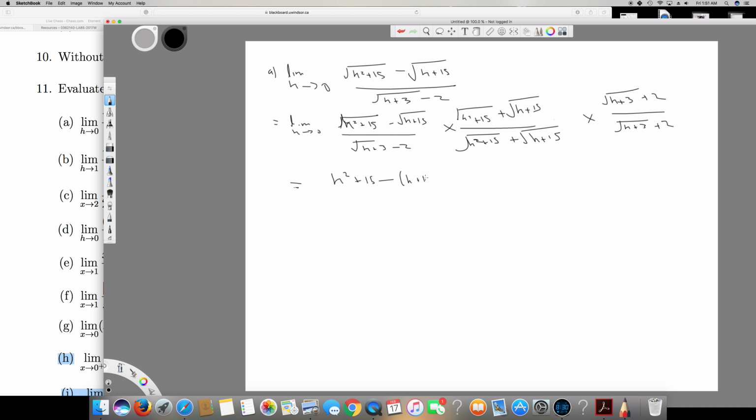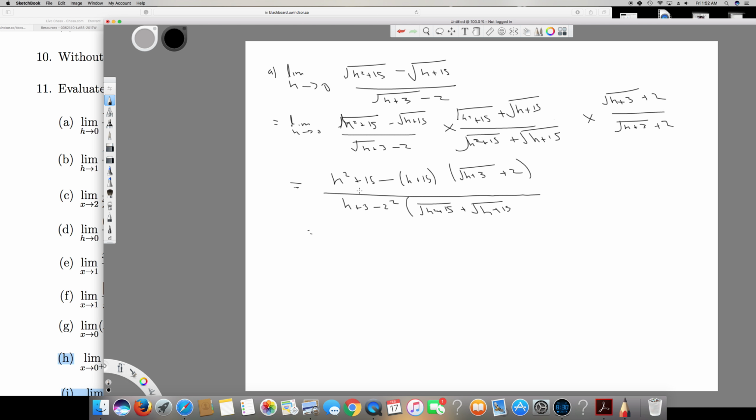It's going to be h plus 15, and we have to multiply the whole thing by square root of h plus 3 plus 2 and divide by, so if I expand this one, it's going to be h plus 3 minus 2 square, and the whole thing will multiply by square root of h square plus 15 plus square root of h plus 15. So since we have this one right here, let's expand this one.